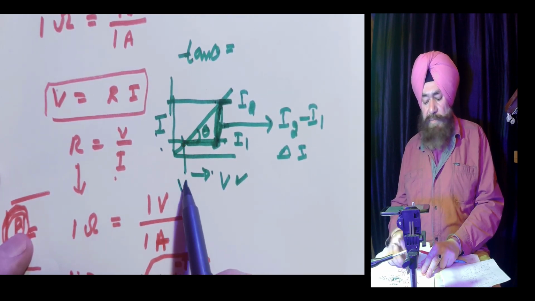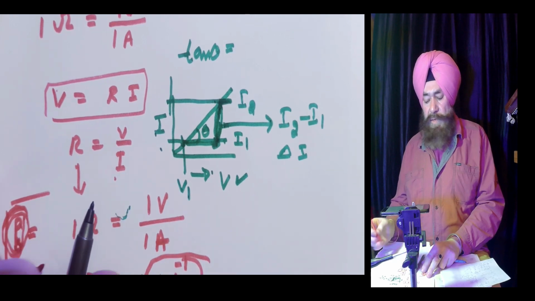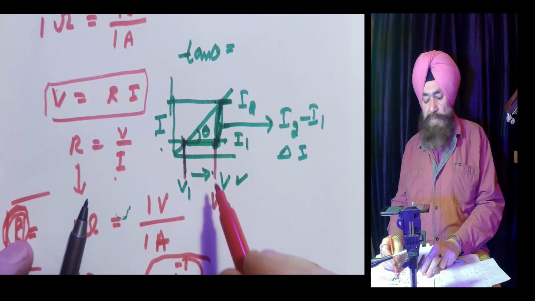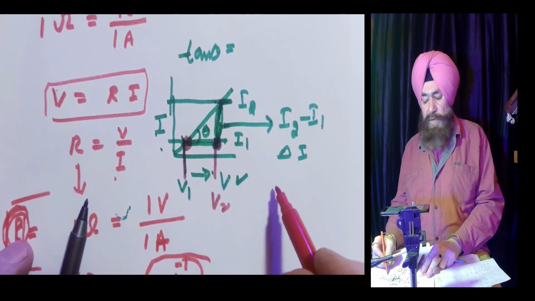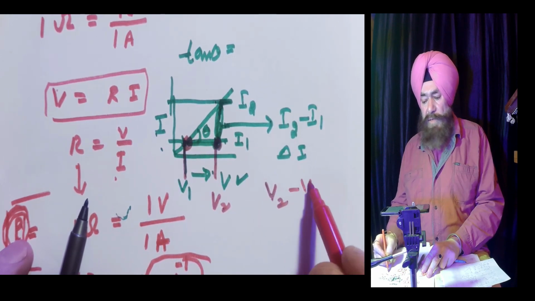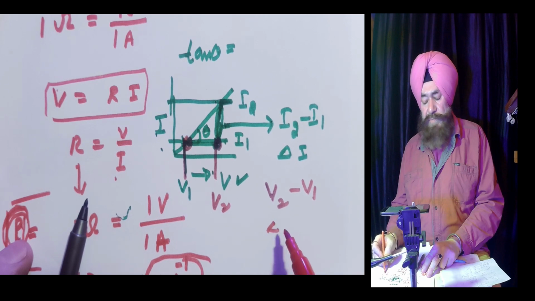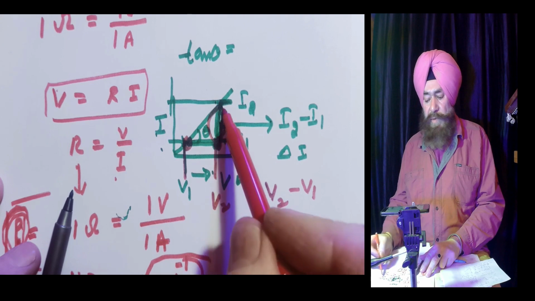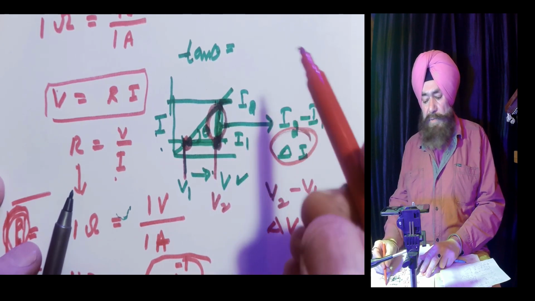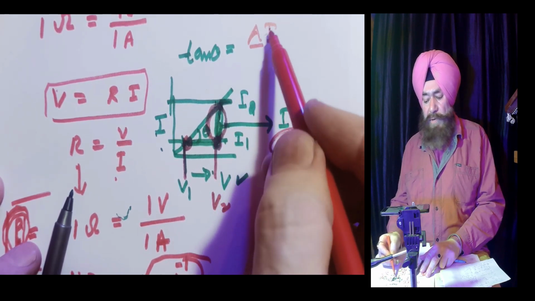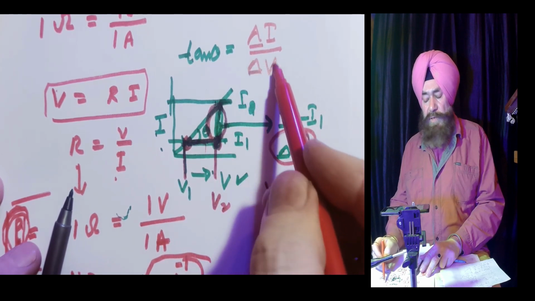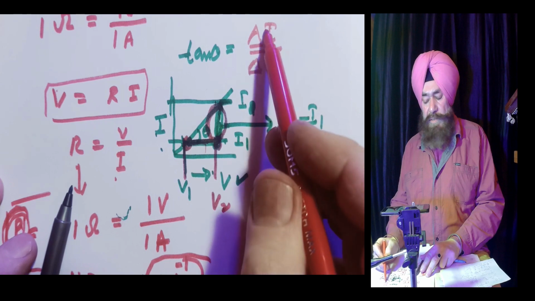This voltage V1, this voltage V2. What is the voltage here to here? V2 minus V1. This is delta V. So tan theta is perpendicular delta I upon base delta V. So what is current over voltage?